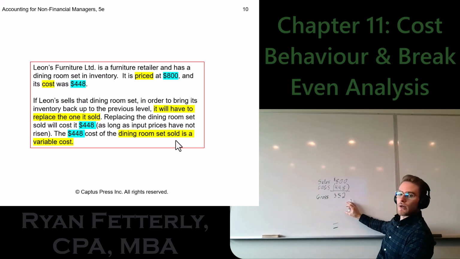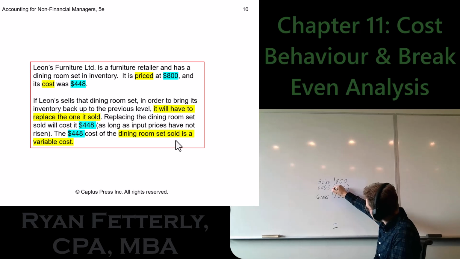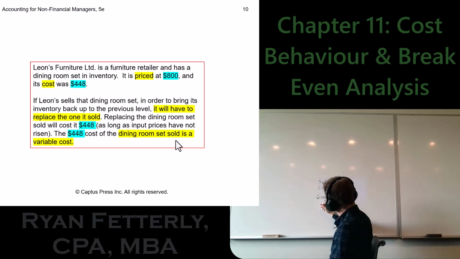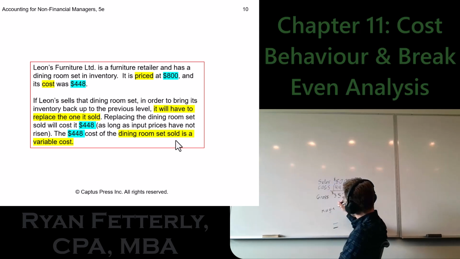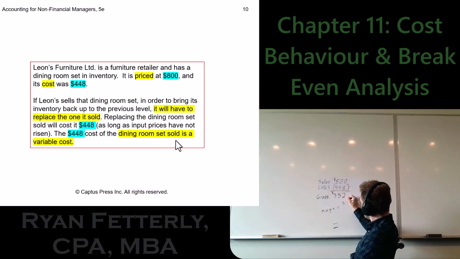So in order to get our gross margin, we simply take this $352 and divide it by the $800, and that is going to get us that 44%, okay?